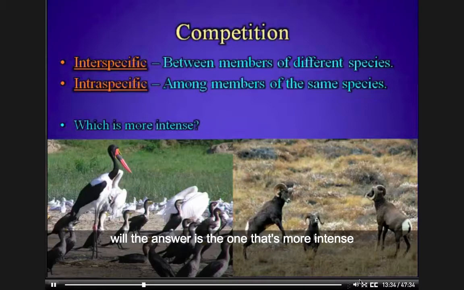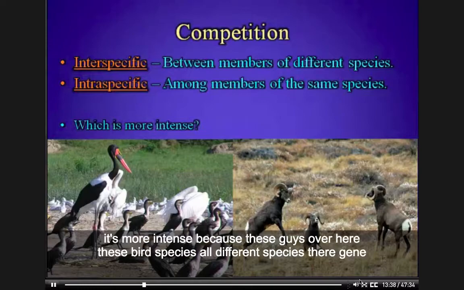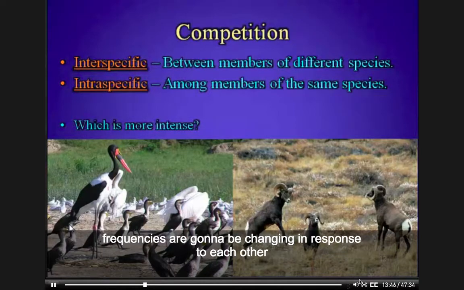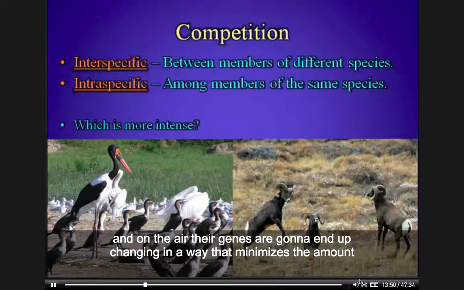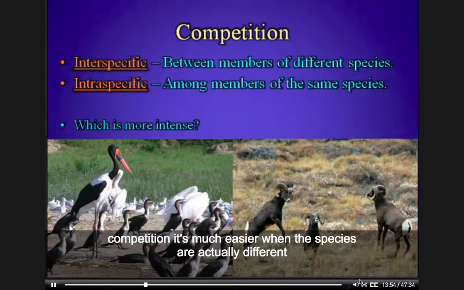Well, the answer is the one that's more intense is intraspecific. It's more intense because these guys over here, these bird species, all different species, their gene frequencies are going to be changing in response to each other. And their genes are going to end up changing in a way that minimizes the amount of competition. It's much easier when the species are actually different.